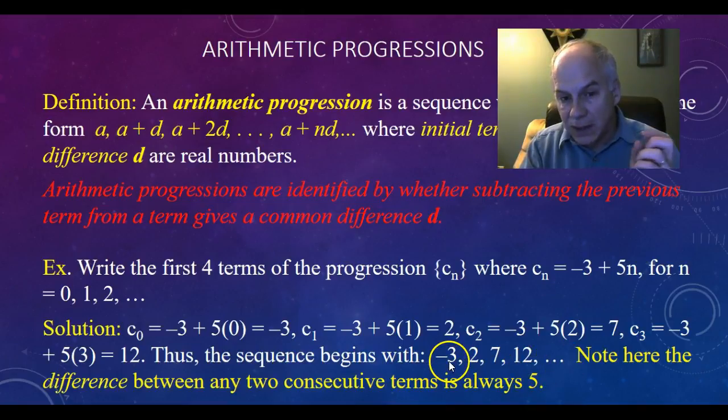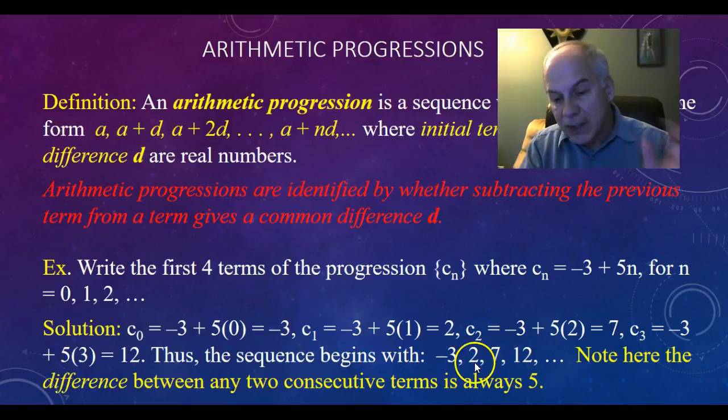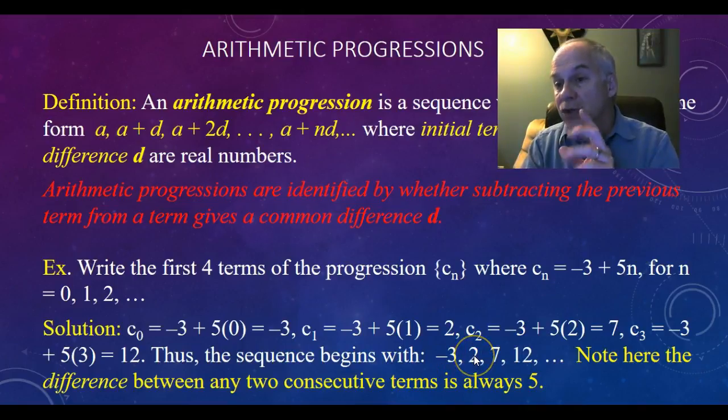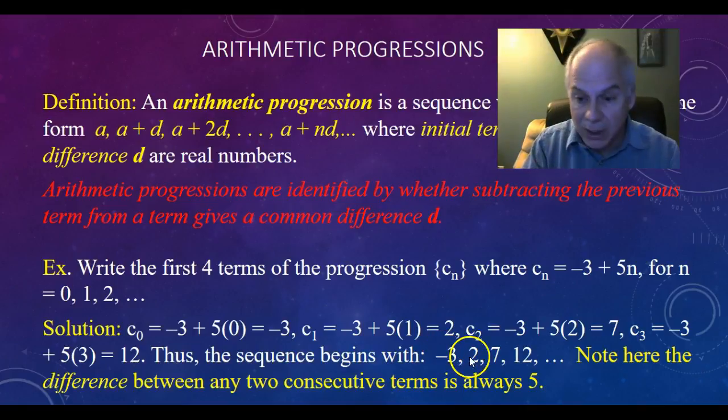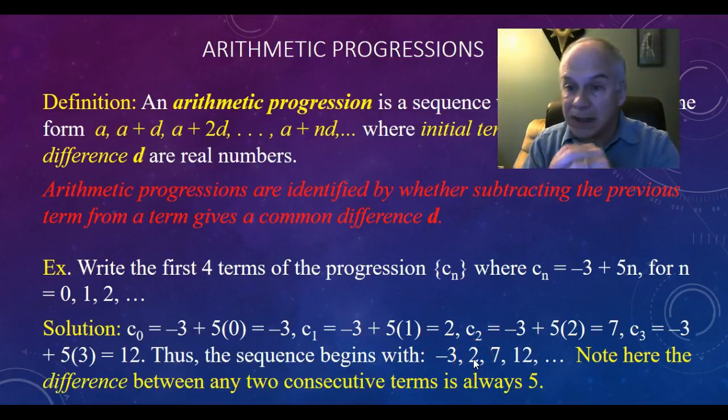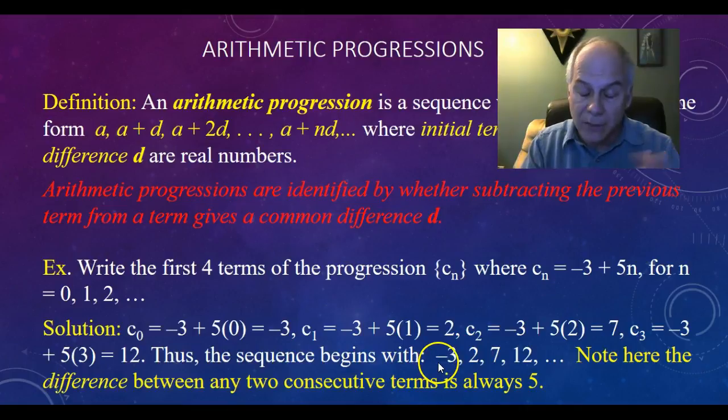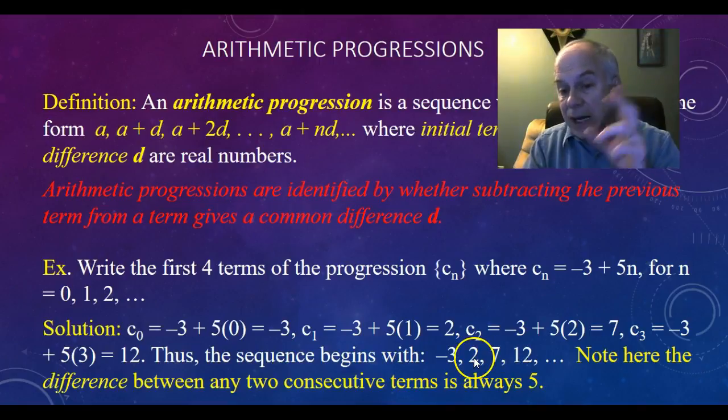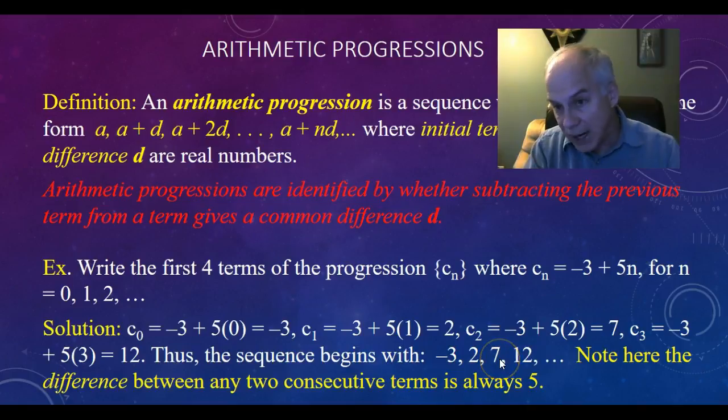Now note that the first term is -3, and we're always adding 5 to get the next term. Or you could look at it this way: if you subtract any term minus the previous term, 2 minus -3 would be 2 plus 3, or 5. 7 minus 2 is 5. 12 minus 7 is 5.